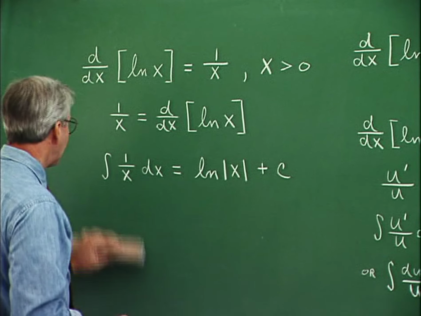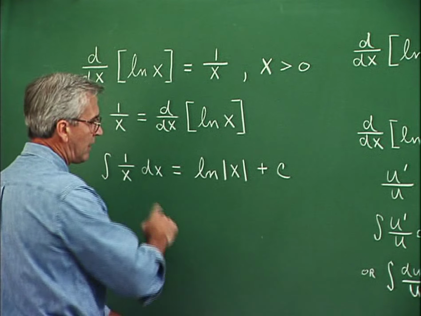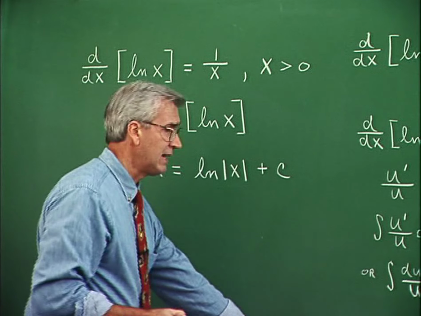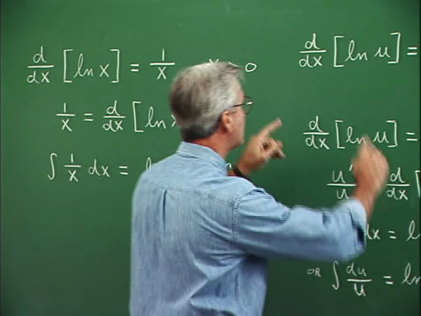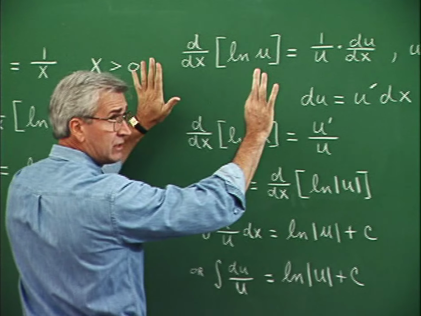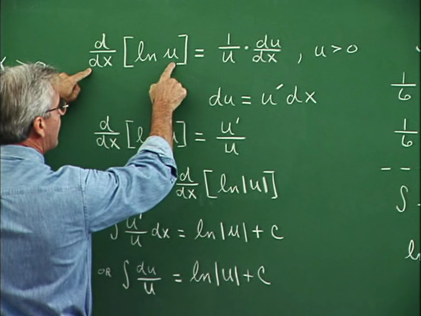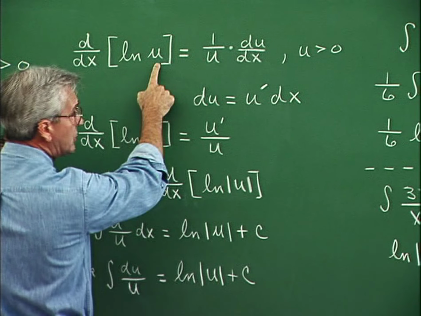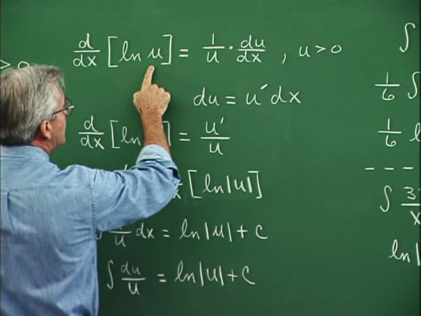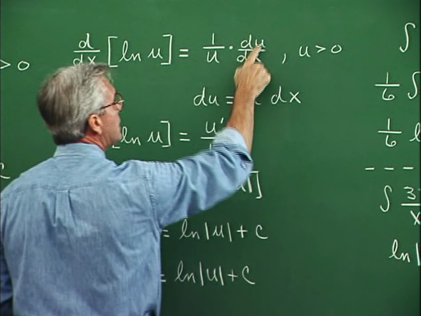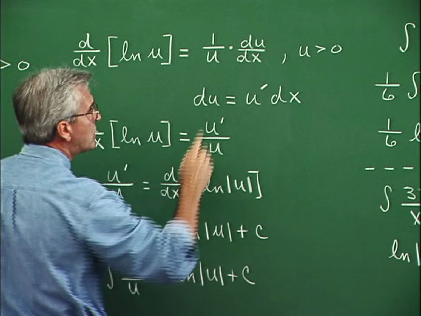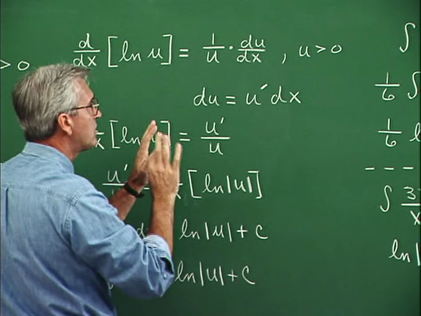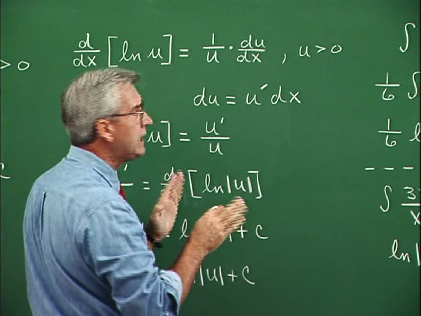This is a very specific idea for a single variable, but what if we have an expression written in terms of x? In the last section, we talked about the derivative of ln u, where u is a function of x. It turns out to be 1 over u times du/dx, the derivative of u with respect to x. This notation is fine, but there's another notation that's a little cleaner.